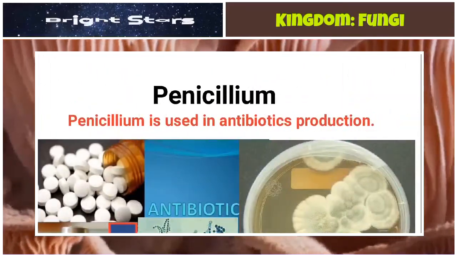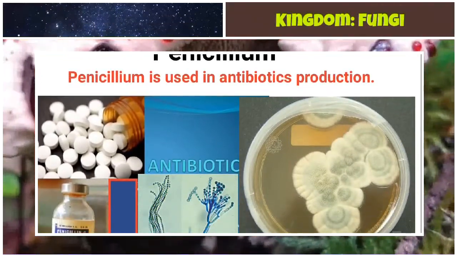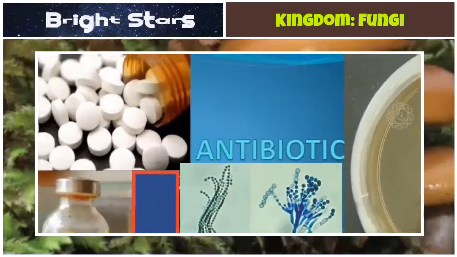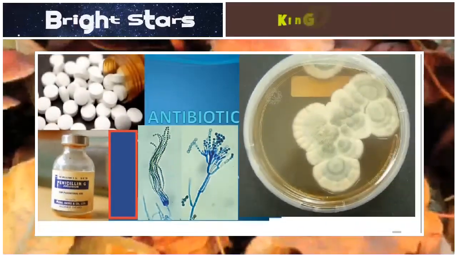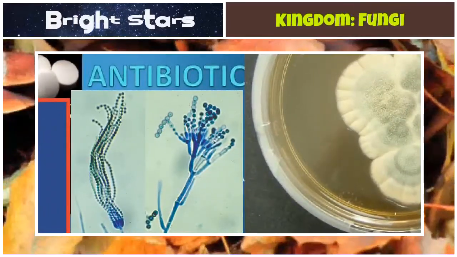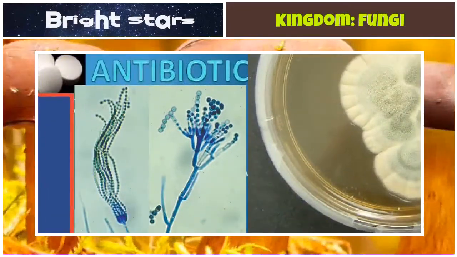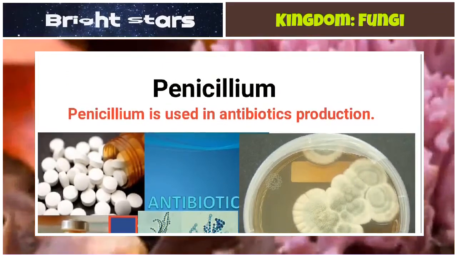So next thing, Penicillium is used in antibiotic production. So these are the penicillin tablets, and this is a penicillin vial. So this is made from a Penicillium fungus. This is the lab grown fungus. This is a fungus under the microscope. Antibiotics are made from Penicillium.